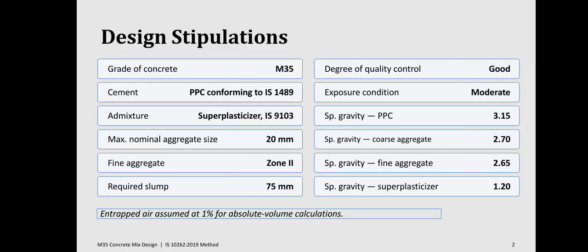And we have our specific gravities: 3.15 for cement, 2.7 for coarse aggregate, 2.65 for fine aggregate and 1.20 for the superplasticizer. We will also assume 1% entrapped air. Keep these numbers in hand, everything else is built from them.